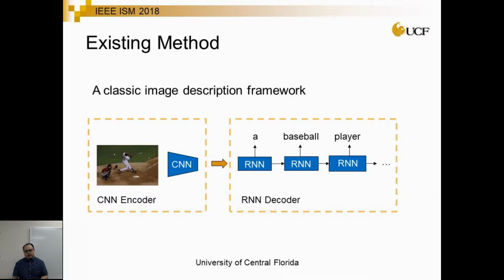On the right-hand side, the feature vector is further decoded by a sequential model. The sequential model is always constructed with a recurrent neural network, such as the gated recurrent unit or the long short-term memory. The sequential model generates the sequence of words that it samples from its distribution.